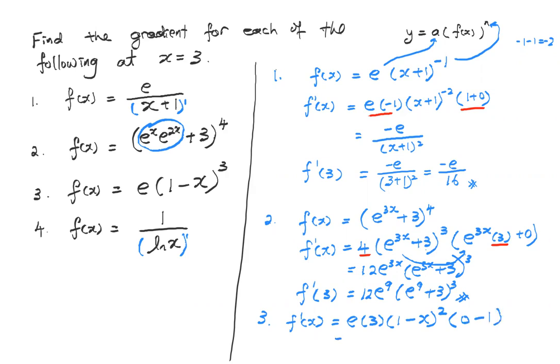So the answer is -3e. Okay, you can straight away substitute x equal to 3 into here. 1 minus 3 squared. So that becomes -12e. Is that okay?